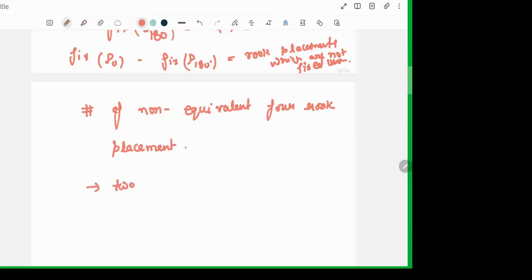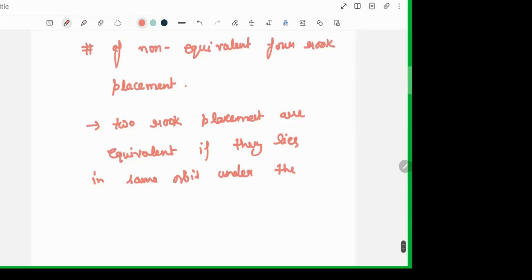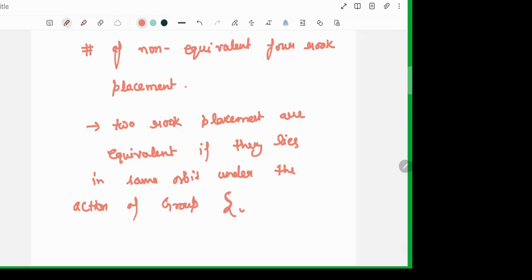Two rook placements are equivalent if they lie in the same orbit under the action of the group, rho 0 and rho 180, on the chessboard.